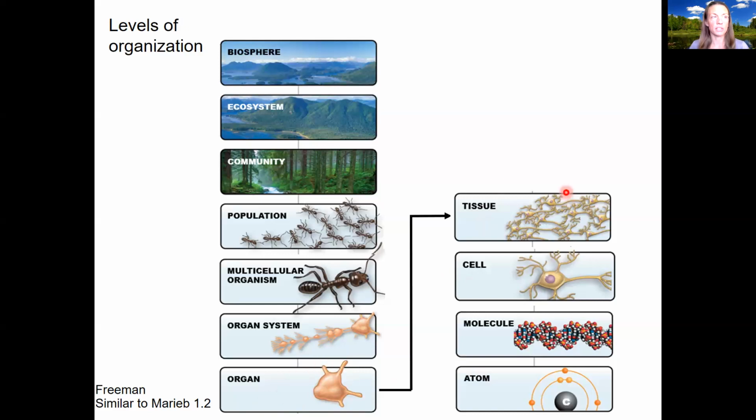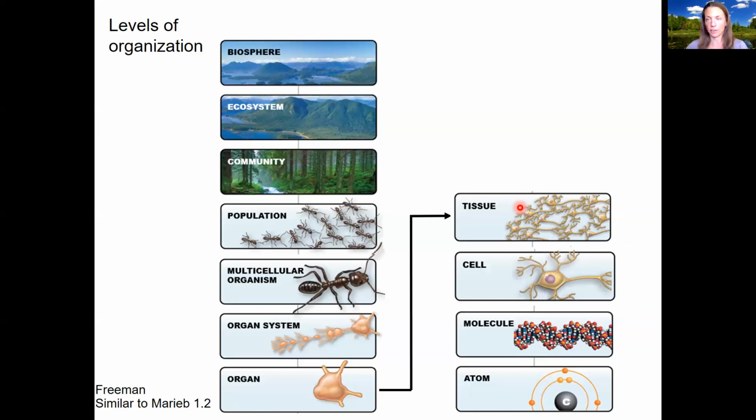Those are all separate tissue types. Tissues are groups of cells that carry out a function together. So a specific function. So muscle tissue contracts. Muscle tissue in the heart contracts a certain way together. Nervous tissue fires electrical signals, fires action potentials.